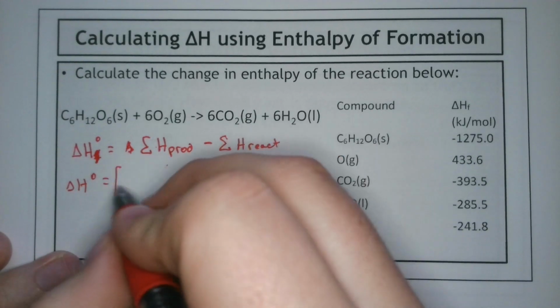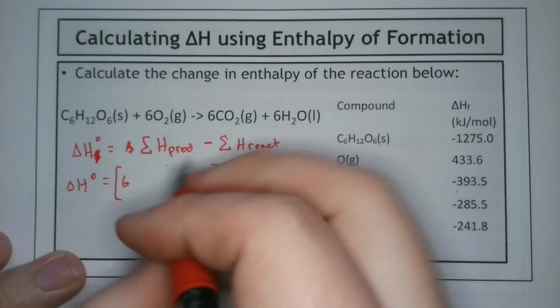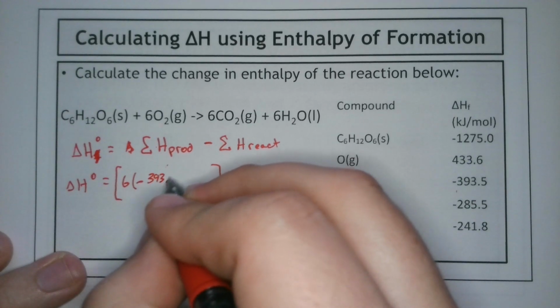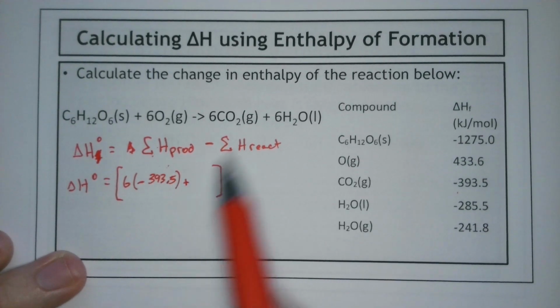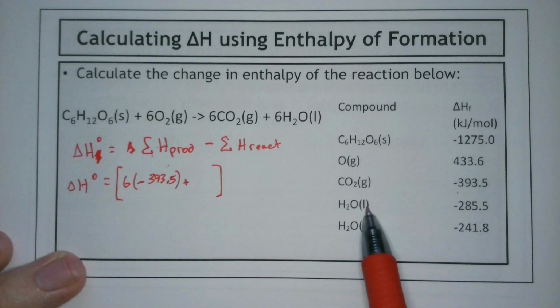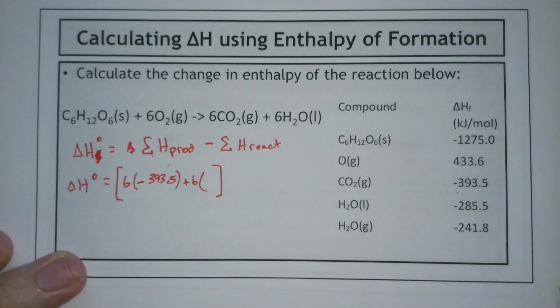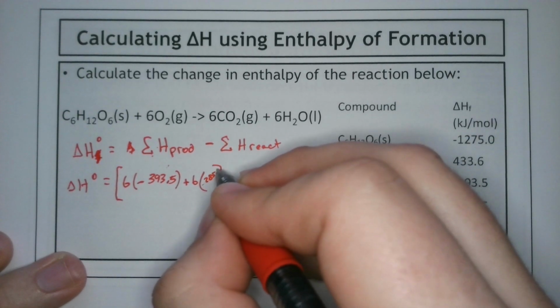My first product is 6 CO2s. So I'll take 6 times CO2's number, negative 393.5. And I'm going to add it, because we're taking a sum, to H2O liquid's number. I have 6 H2O liquids, and its number is negative 285.5.